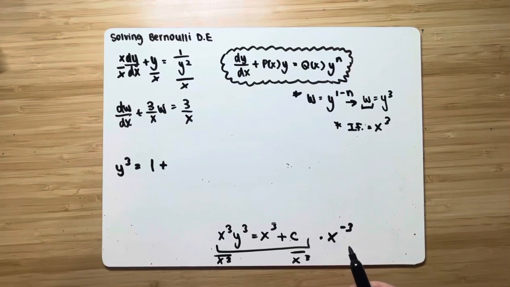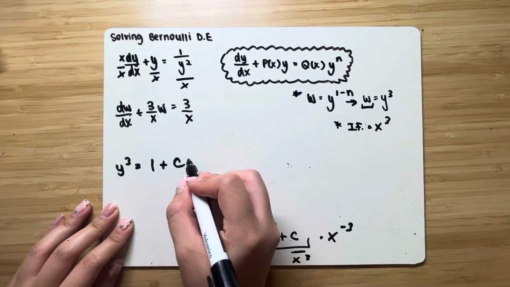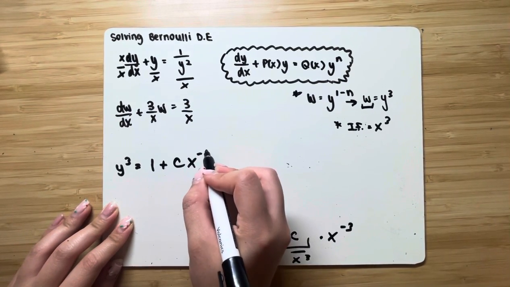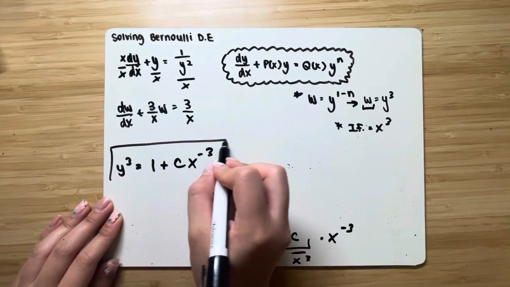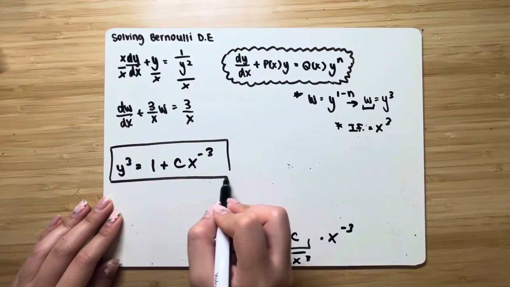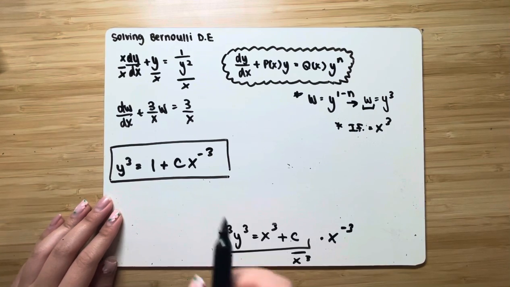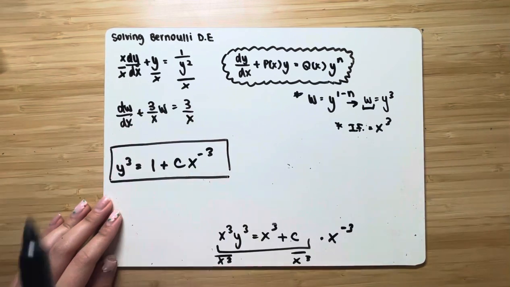So you'll have c times x to the negative 3 power. And this is your answer when solving this Bernoulli differential equation.